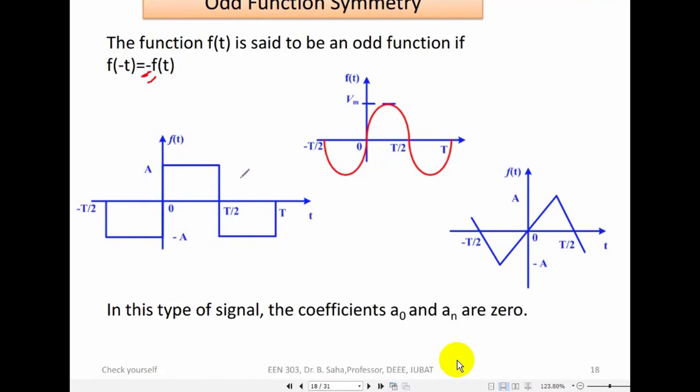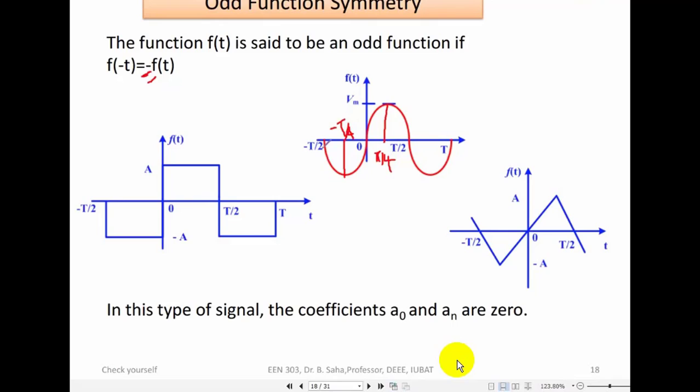Let's see one example. This one. That is T by 4. That is minus T by 4.